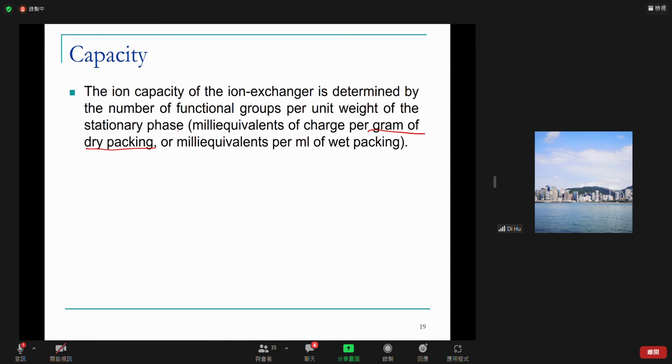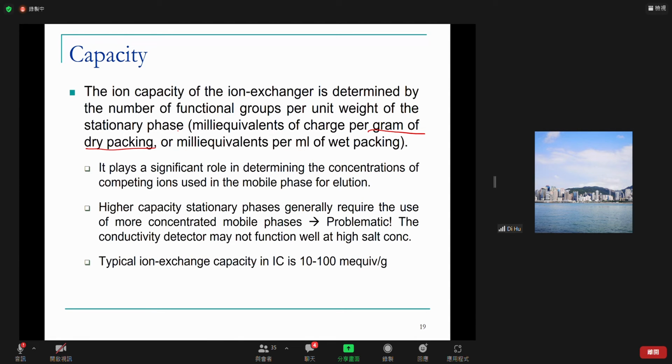It plays a significant role in determining the concentration of competing ions used in the mobile phase for elution, because the competing ions have to balance the stationary phase to reach electroneutrality.